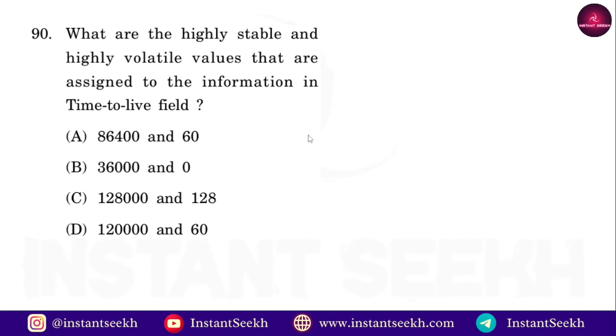Question number 90. What are the highly stable and highly volatile values that are assigned to the information in the time to live field? Here two things are asked, highly stable and highly volatile values, for the TTL field.